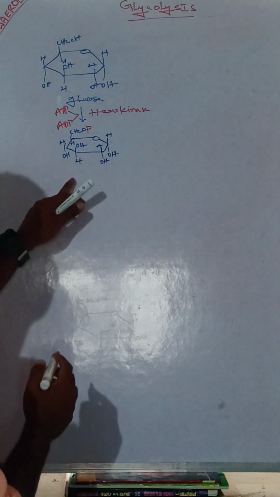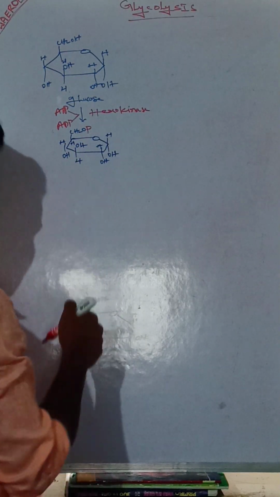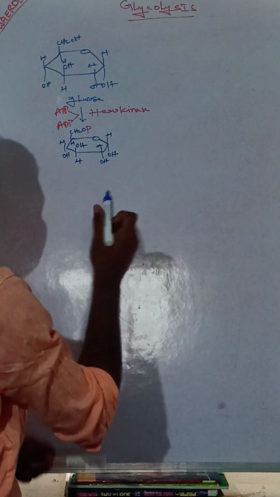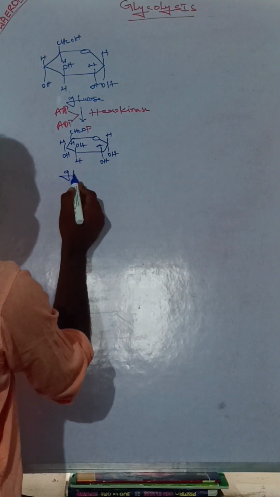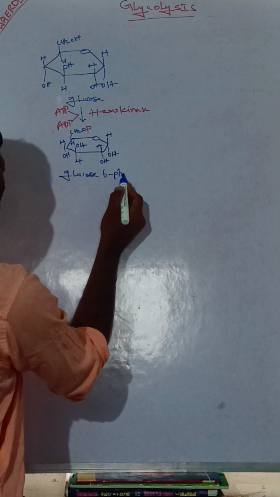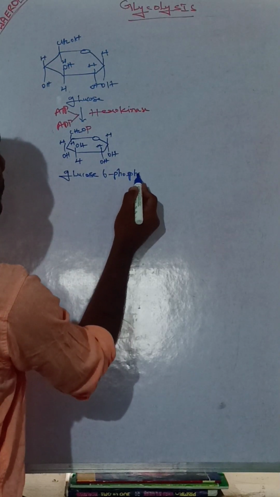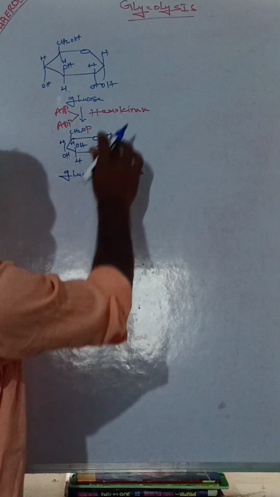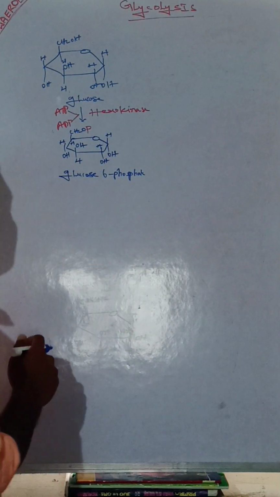Okay, what was it? Glucose 6-phosphate. Glucose turns to glucose 6-phosphate in the presence of hexokinase.